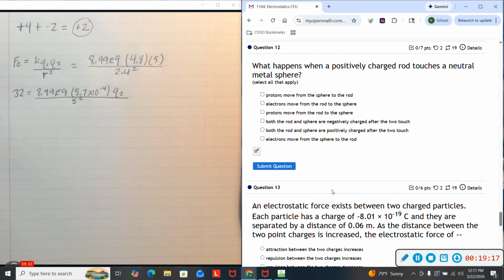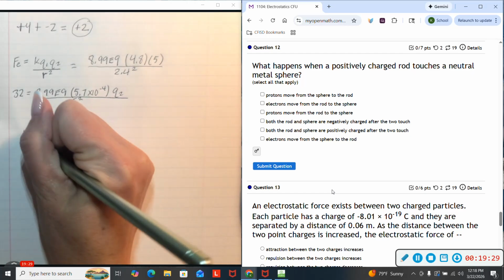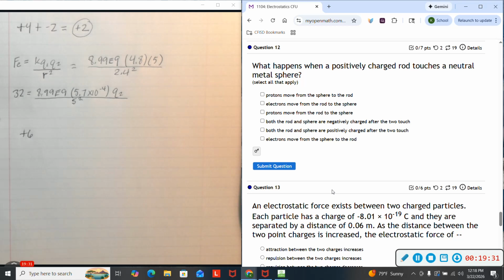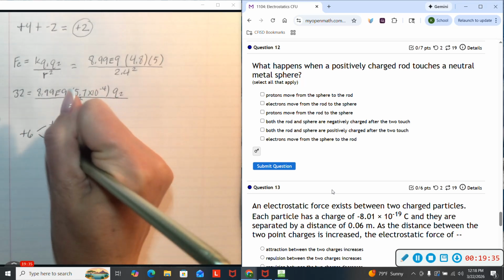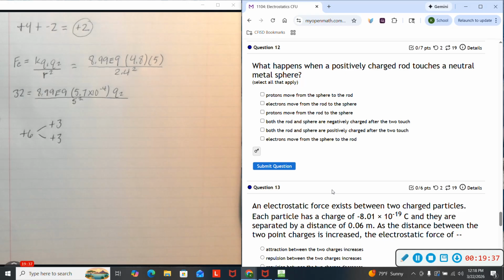All right. Question 12, what happens when a positively charged rod touches a neutral metal sphere? This is again charging by conduction. If you have a positive rod touch something neutral, kind of like we talked about at the beginning, let's say, positive 6 charge touches something neutral. Well, then your charge is going to split between the two until you have that electrostatic equilibrium.